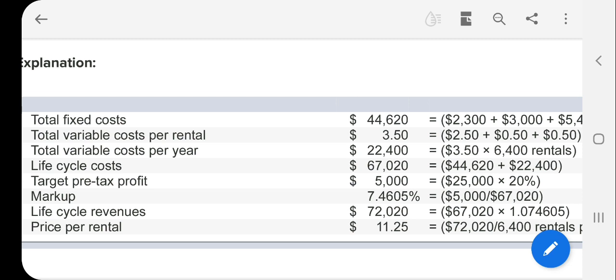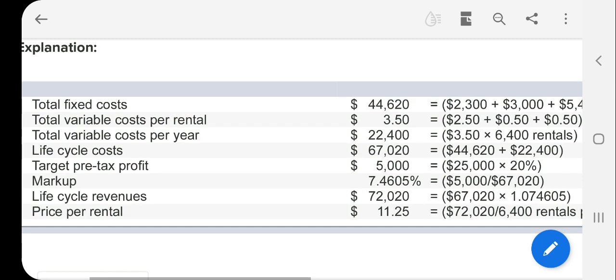So given the amount of revenues the business has to generate in order to get $5,000 profit, it is $67,020 times 1.074605.